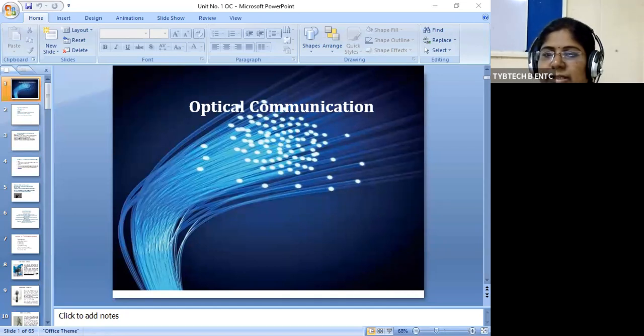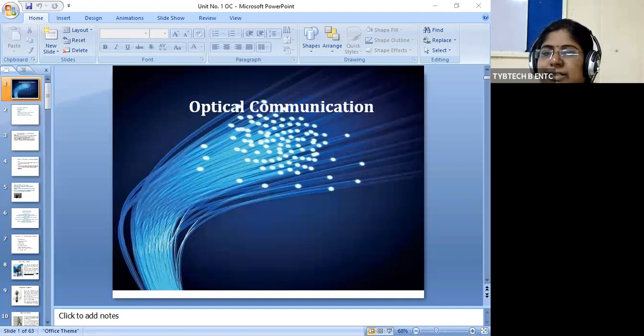First we will see how optical fiber got developed year-wise, that is, in which year what development happened in optical fiber, that we will consider. Then the optical communication system, the general block diagram of an optical communication system, that we have to see, that is very important.